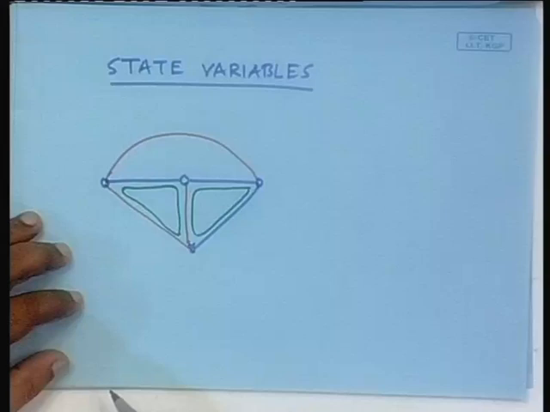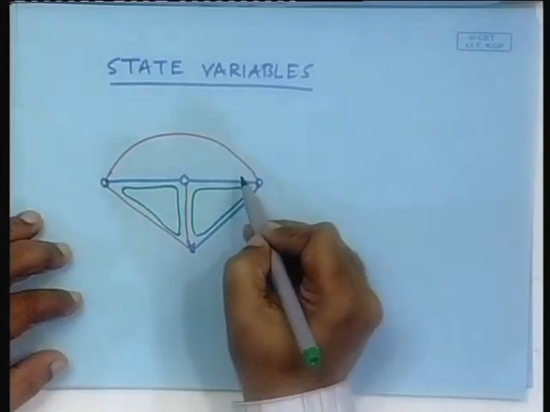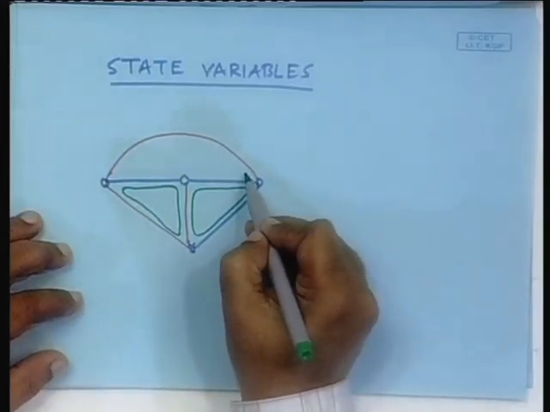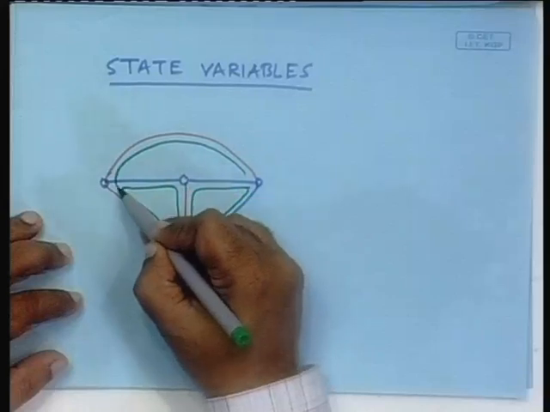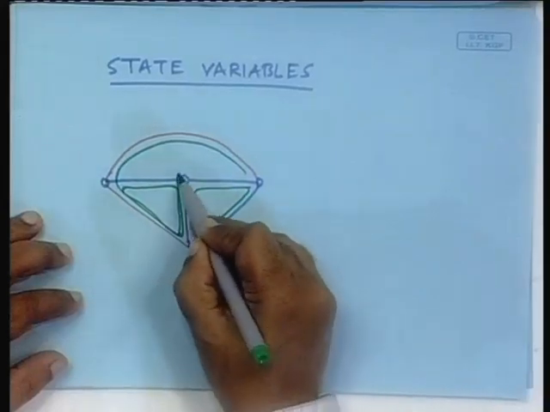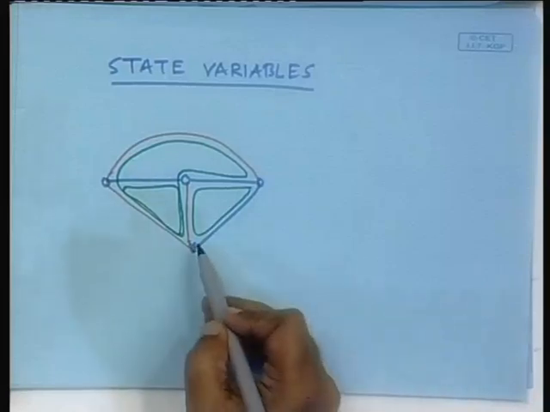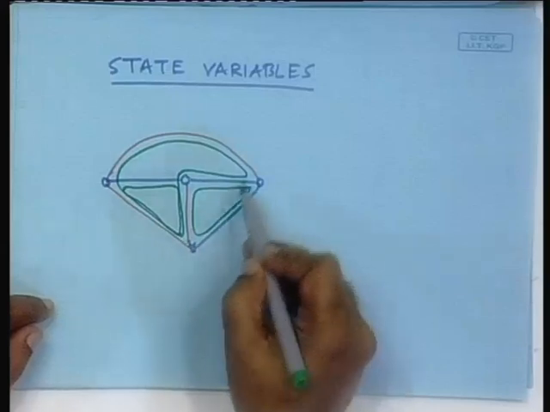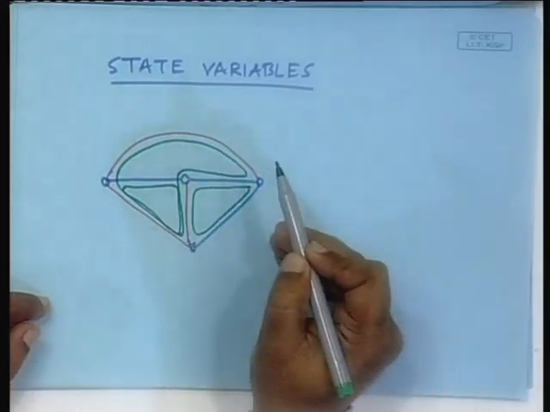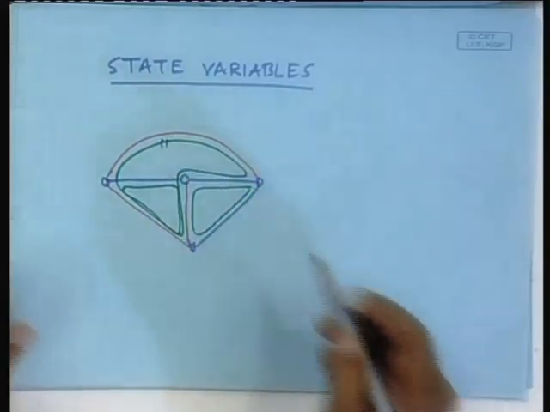Right? All these are then basic loops. Clear? So, this is also a basic loop. Start from here. It is, oh no, this is.